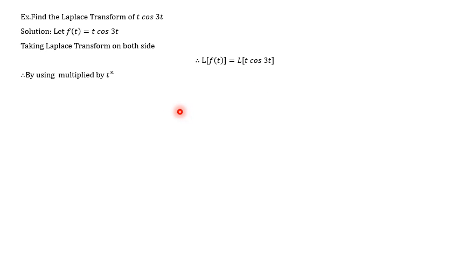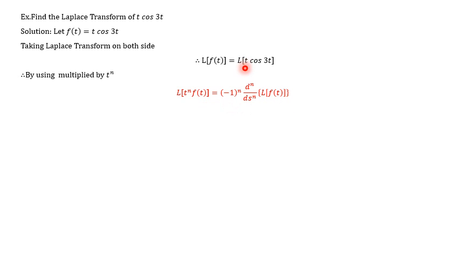So by using multiplication by t raised to n property, we are writing here the statement of this property: Laplace transformation of t raised to n into f of t is equal to minus 1 raised to n derivative with respect to s nth time of Laplace transformation of this f of t.